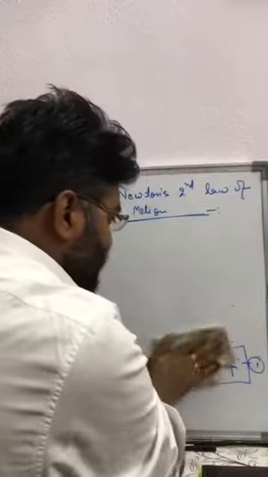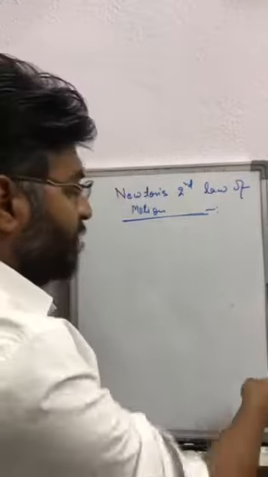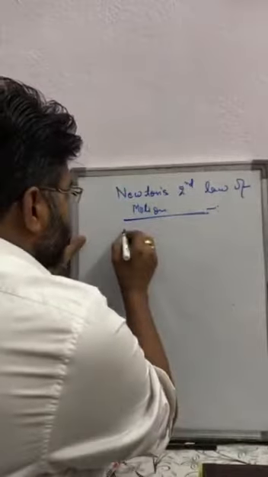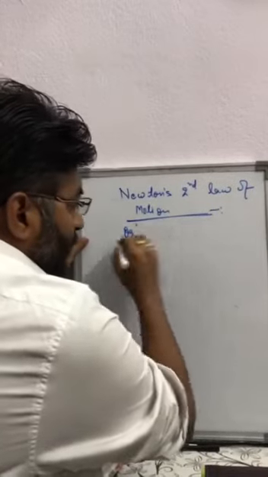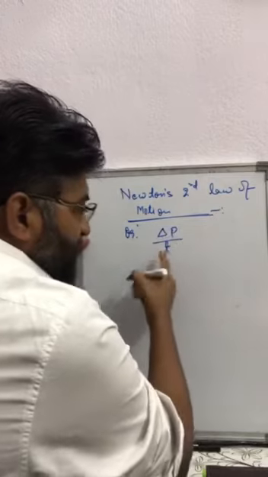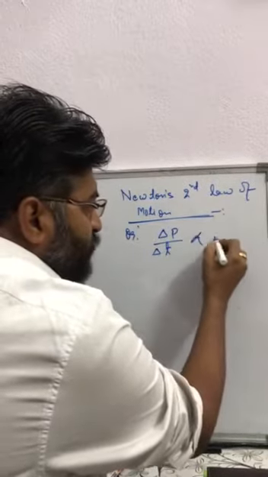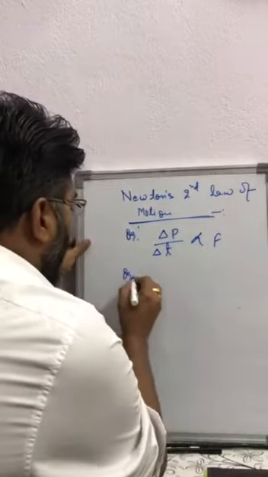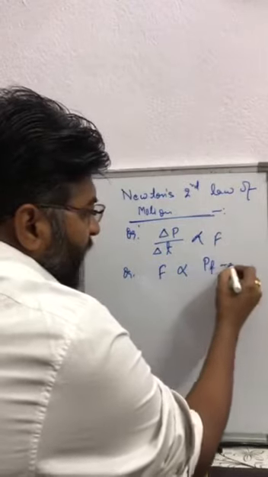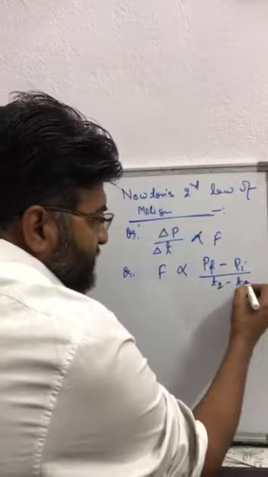Now we discuss, with the help of these equations, that Newton derived the formula for force. The change in momentum with respect to time is directly proportional to F, or F is directly proportional to (Pf minus Pi) by (T2 minus T1).